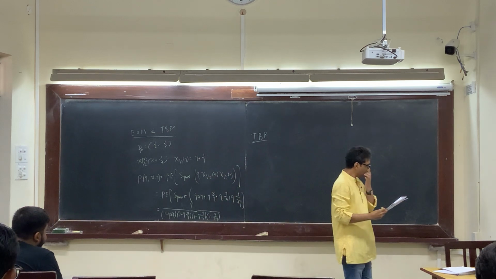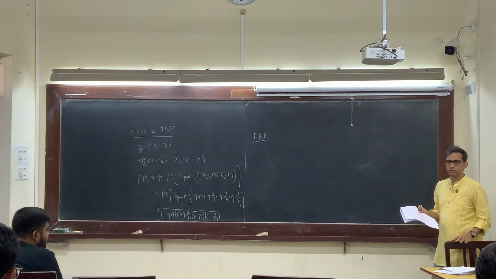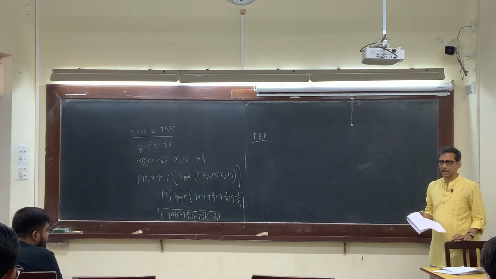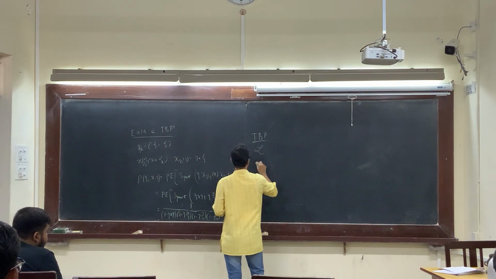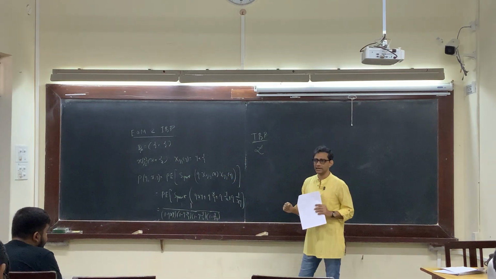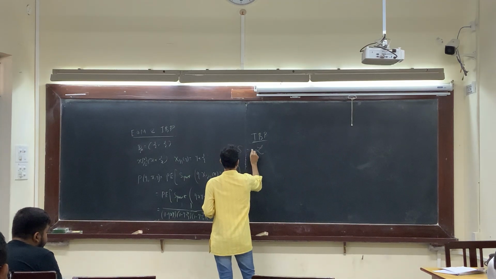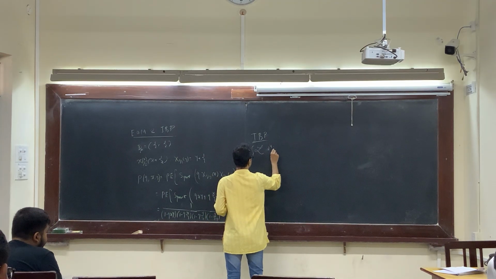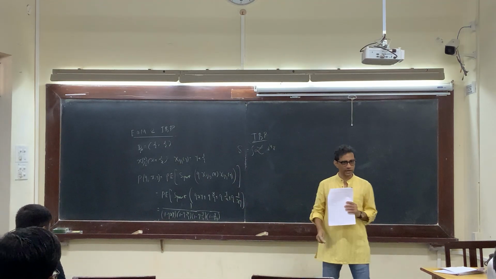Now, before going into the mathematical description of IBP, let's try to understand why IBP is here. We are constructing something which will be part of the Lagrangian density. That is the action when we are writing it.